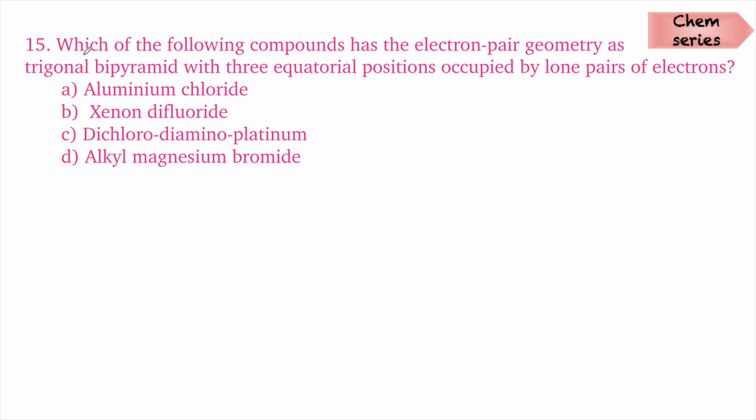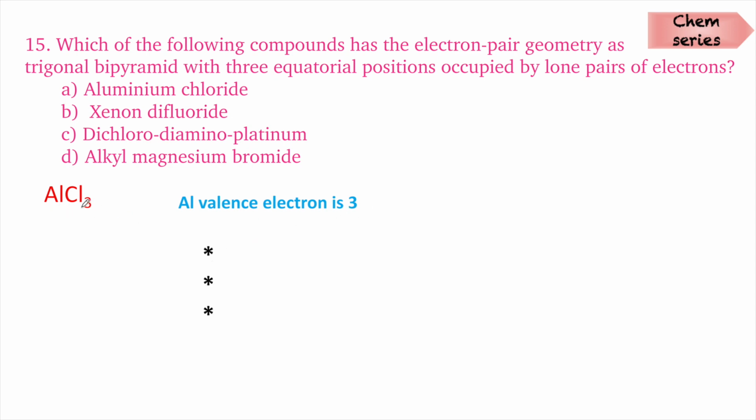Coming to the 15th question: which of the following compounds has the electron pair geometry as trigonal bipyramid with 3 equatorial positions occupied by lone pairs of electrons? We will take first aluminum chloride, that is AlCl3. Aluminum will be your central atom and its valence electron is 3.